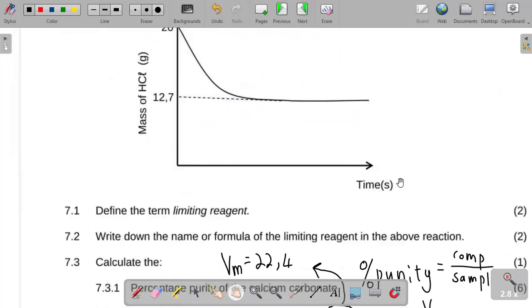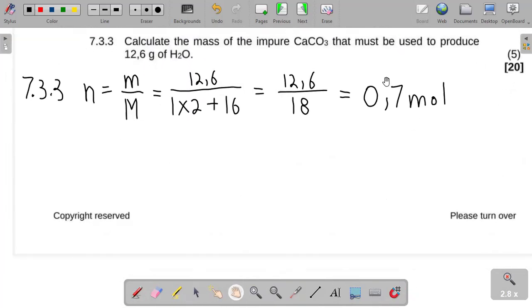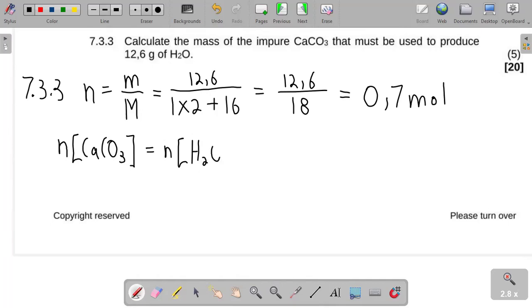If we found 0.7 here, then the number of moles of calcium carbonate needed for that will be equal to the number of moles of H2O, which is 0.7. The reason is there is a 1-to-1 correlation according to the balanced equation.